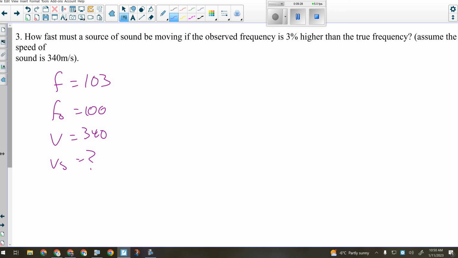Then I would have F equals FO times V over V minus Vs because it would be approaching.